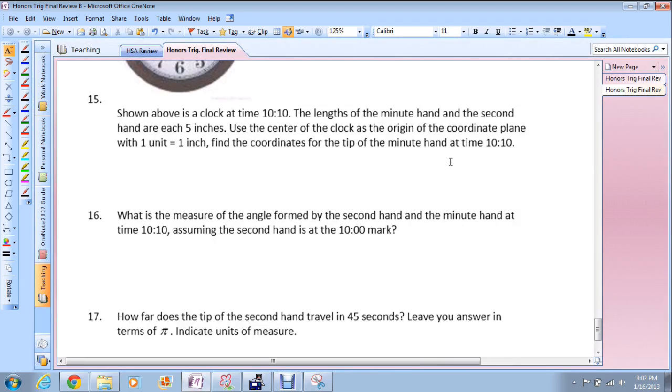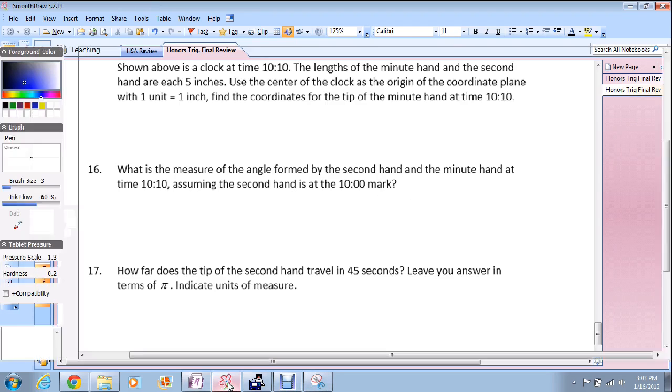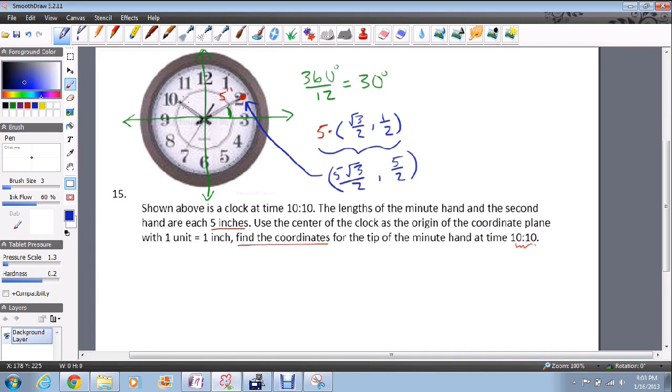Number 16 says, what is the measure of the angle formed by the second hand and the minute hand at time 10:10? Assuming the second hand is at the 10 o'clock mark. So basically it looks pretty similar to our picture that we already had in this problem. But we all know that this is the hour hand here, and this guy down here is the second hand.